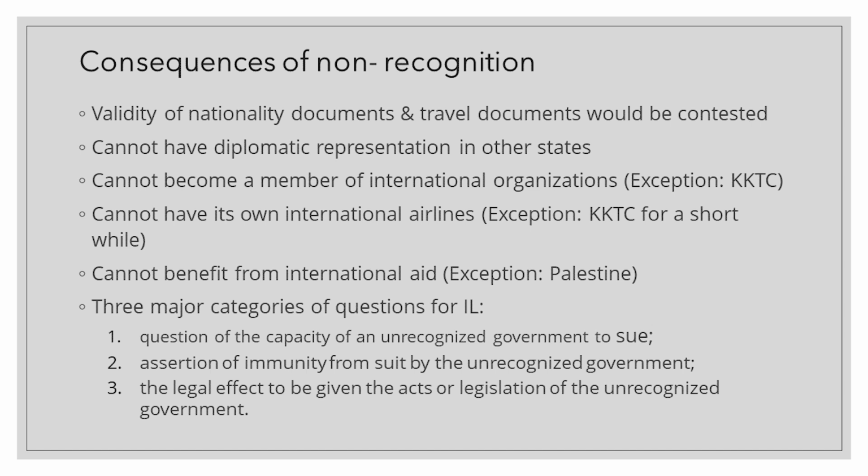In our today's lecture, we discussed the meaning of state recognition, prerequisites or conditions for recognizing a state as a state. We discussed Article 1 of the Montevideo Convention. Then we discussed Article 3 of the Montevideo Convention. We then moved to two theories of state recognition, which are the constitutive theory and the declaratory theory.